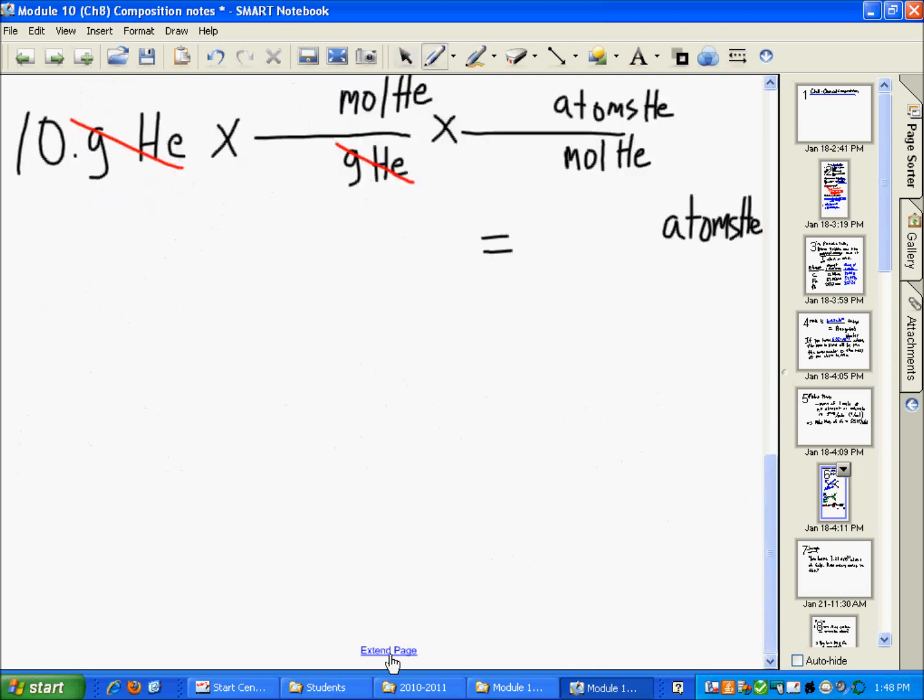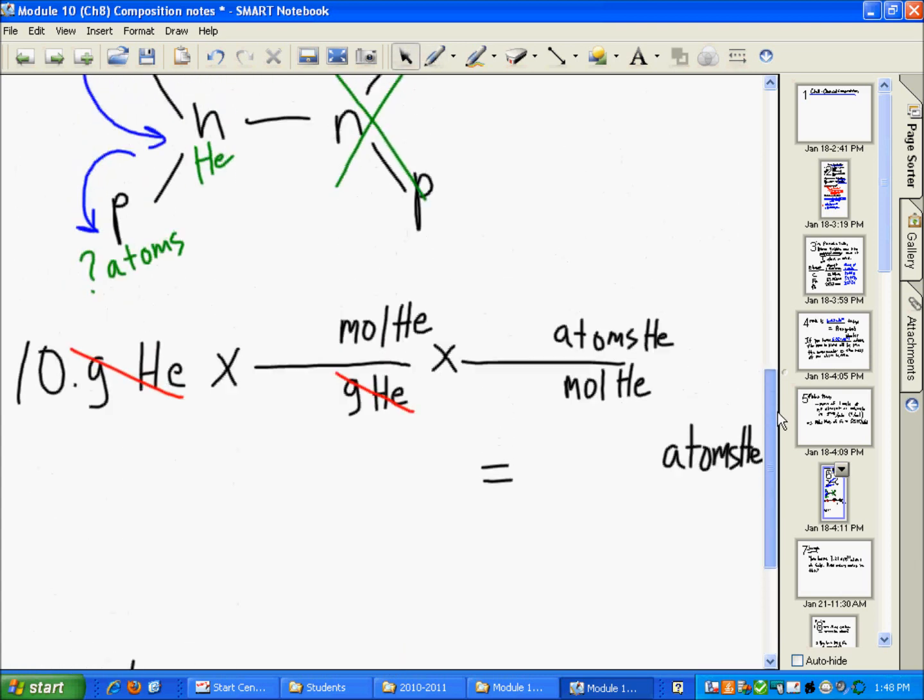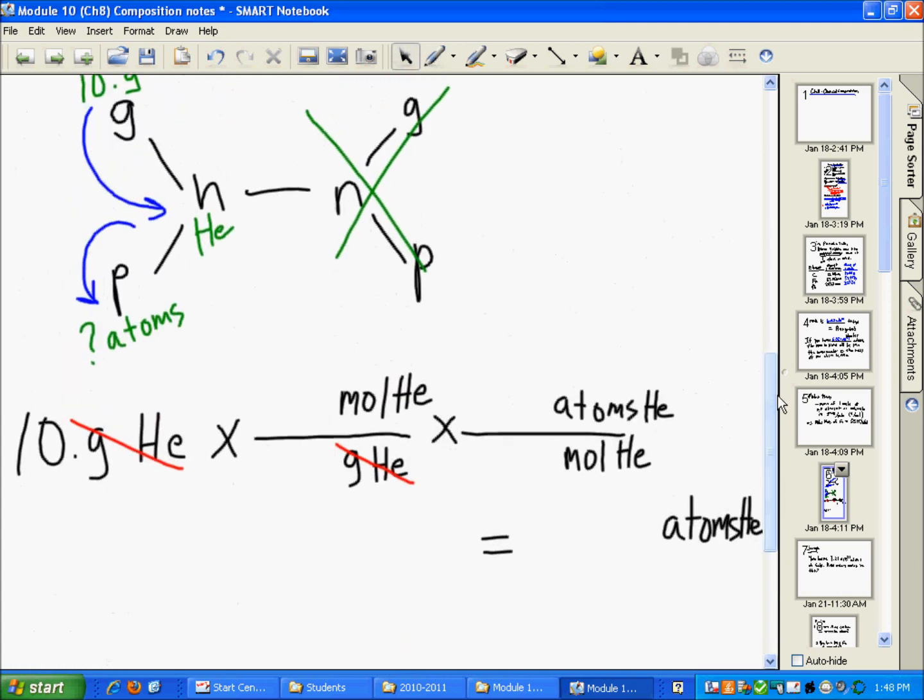So if you had 2 times 1 over 2, that is 2 divided by 2, and your 2's cancel, leaving you with a 1. We're doing the same thing with the units. So grams will cancel, moles will cancel, and the only unit we're left with is atoms. And that's good because that's the unit we want to end up with. So now we've got our units in.